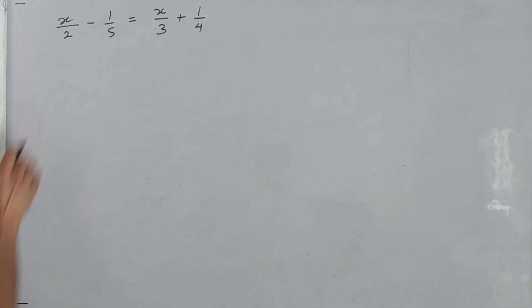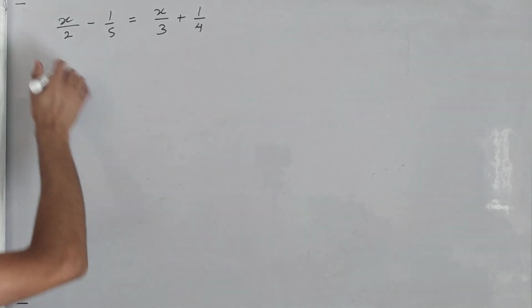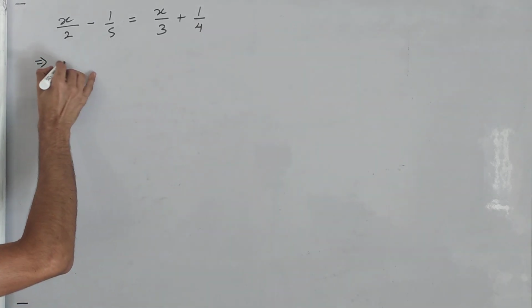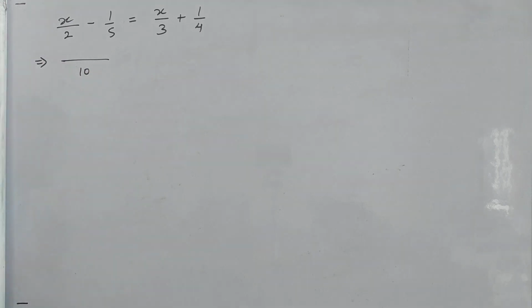This is the question that I have taken from the book. How to solve it? Simplify left hand side as much as you can, right hand side as much as you can. Here we can take LCM of 5 and 2, which comes out to be 10.